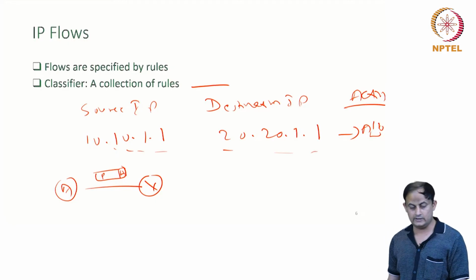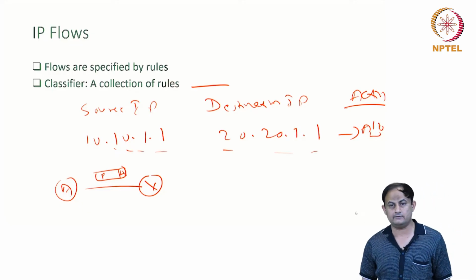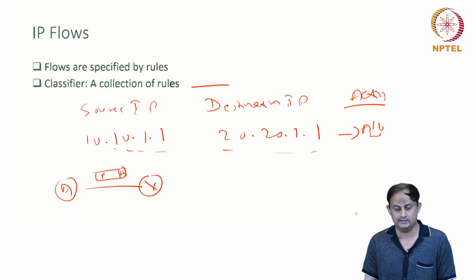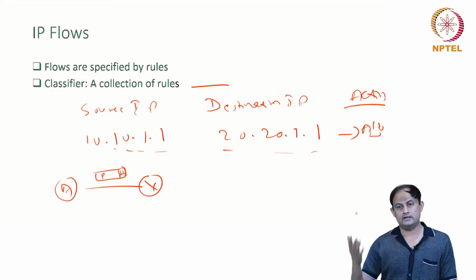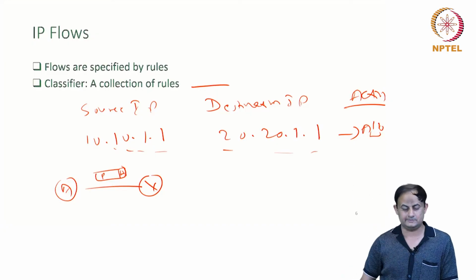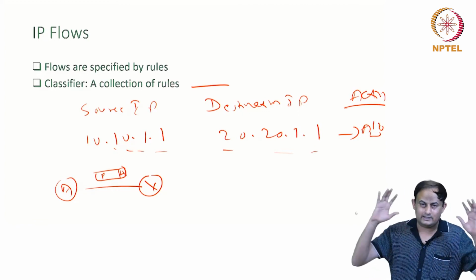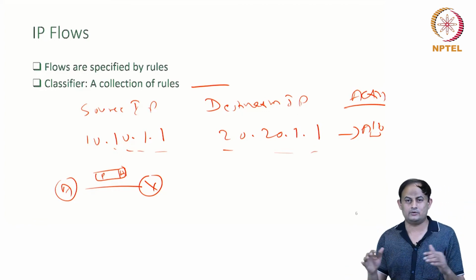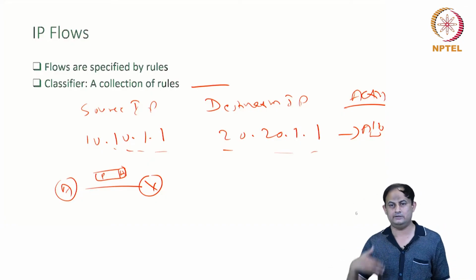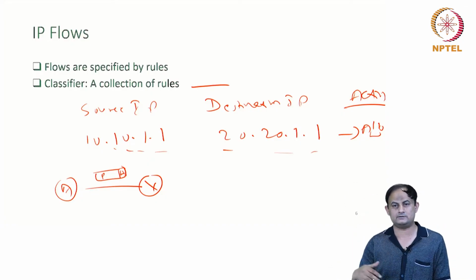Not only the network header, although source and destination IP address come from the network header, but there are other headers as well, maybe the TCP header, the link layer header, whatever it is. Purely technically, the routing or forwarding decision should not depend on the other fields, but practically the fields of the other headers are also used.